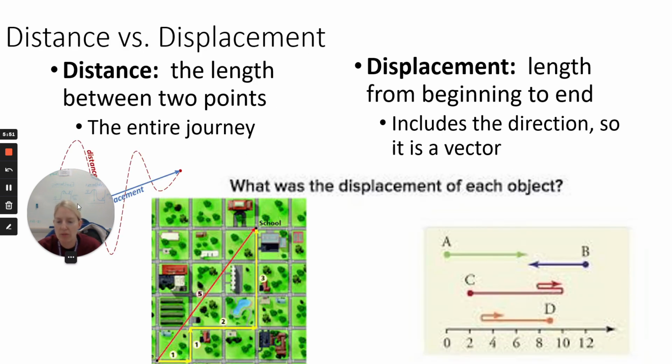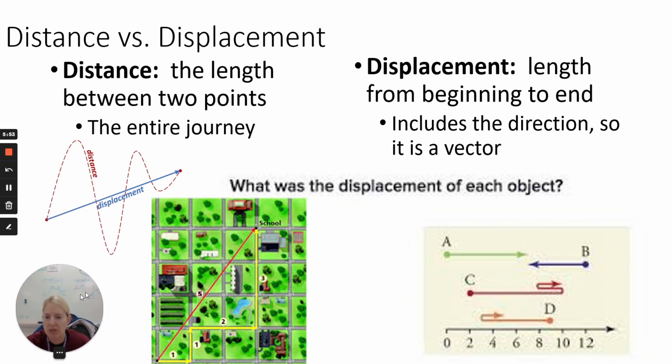Okay, so the next things we use to describe motion, we talk about the distance that an object has traveled versus the displacement of that object. So distance is just the length between 2 points, and it's going to be the entire journey of our object. So this picture, for example, shows that maybe someone is walking and they walk up here and then down here and then up here and then back down here and then they end here.